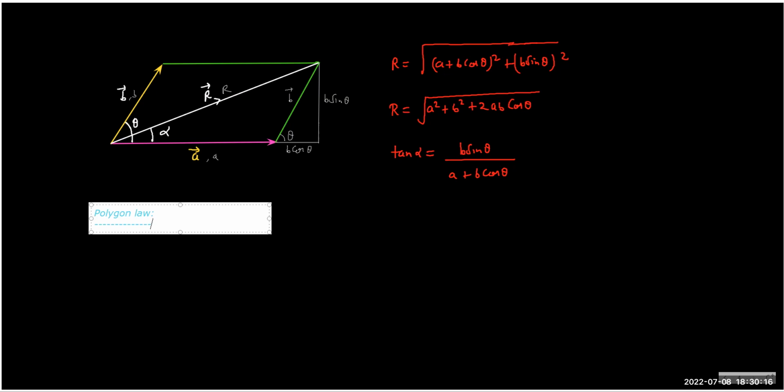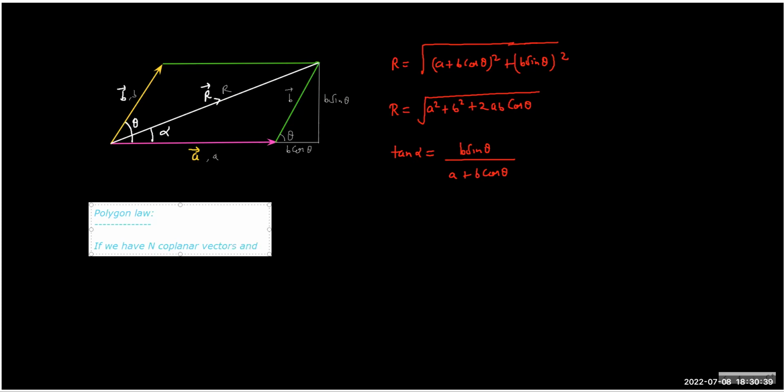So what if we have three vectors, four vectors, five vectors, or 4,000 vectors, all in the same plane? Let's say we have n vectors in a plane, n coplanar vectors.